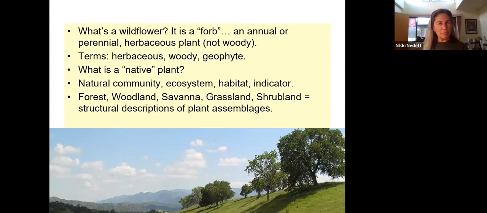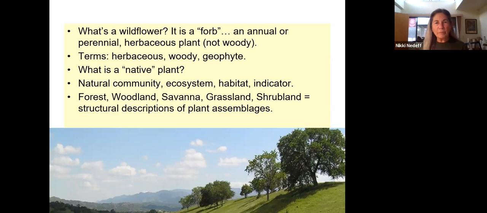Now, it's not a shrub, it's not a tree, it's not what's called a geophyte, which is something that grows from a tuber or a corm or a bulb underground, a geo as in geology and phyte as in plant, or earth plant.